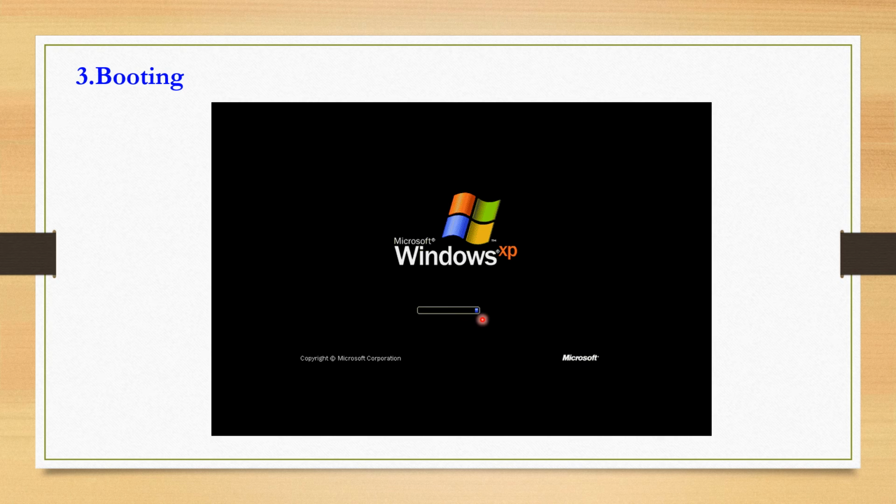So this is called booting. Booting can happen two times: when we are starting the computer and when we are restarting the computer. At both times this window can be seen. It is called booting.